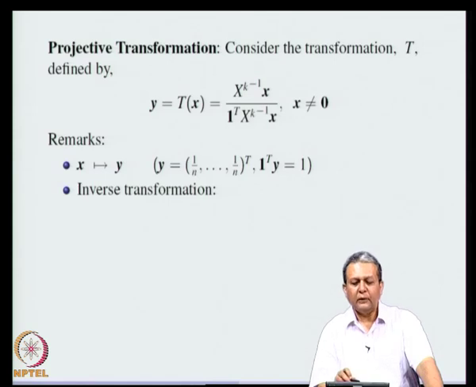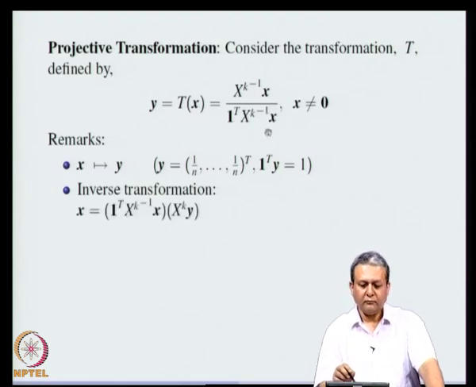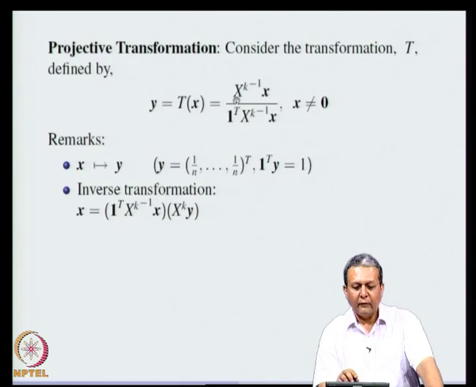Now, it is easy to derive an inverse transformation for this. From this expression, we can write x to be, so if we multiply throughout by xk and multiply this equation by 1 transpose xk inverse x, what we get is x equal to 1 transpose xk inverse x into xk y.